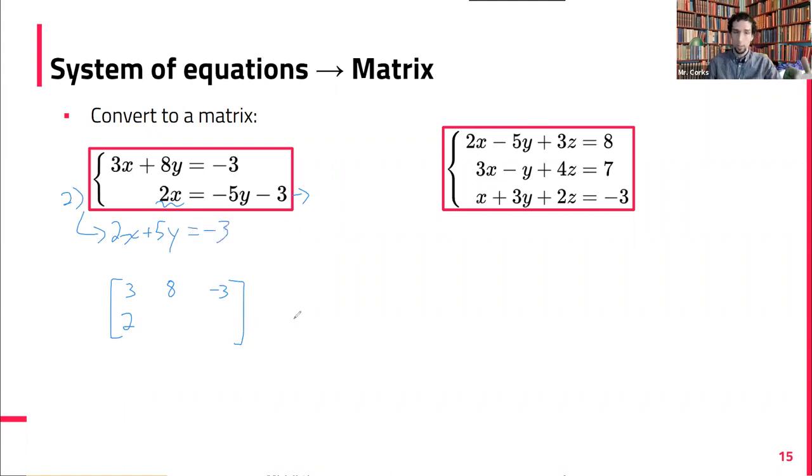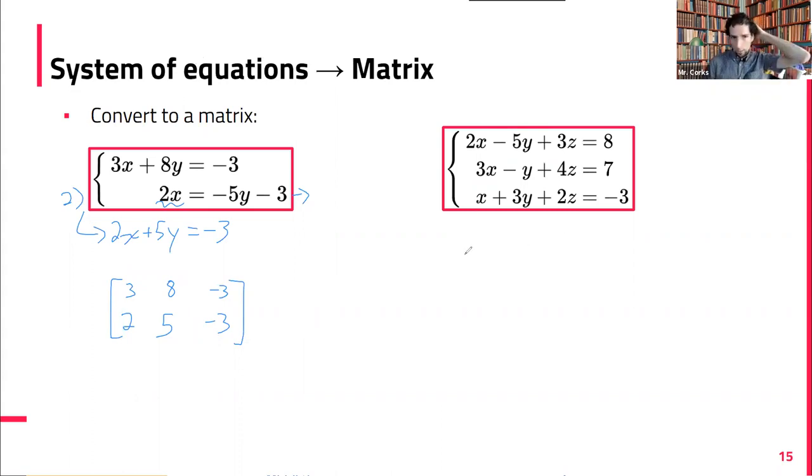Then we can see exactly how that appears in the matrix, and then -3. If we want, we can draw that little vertical line to remind us where the equal sign is, but it's not necessary. If we have 2 rows, that means we have 2 variables, and the third column afterward will be the other side of the equal sign. We can just know that.